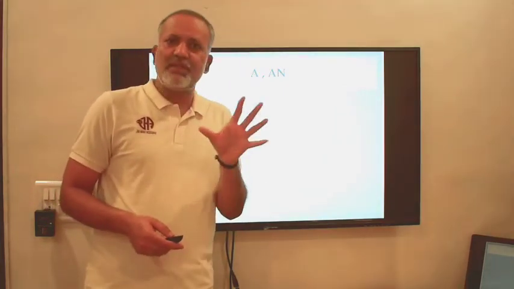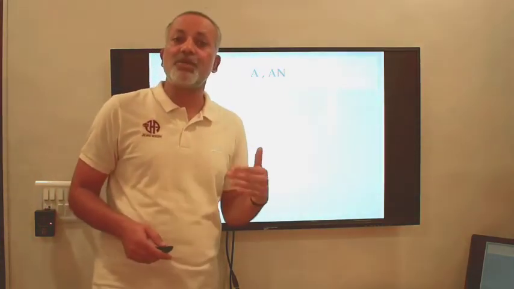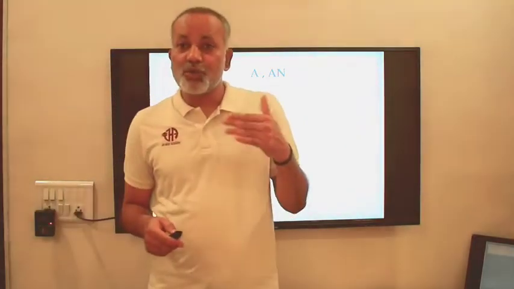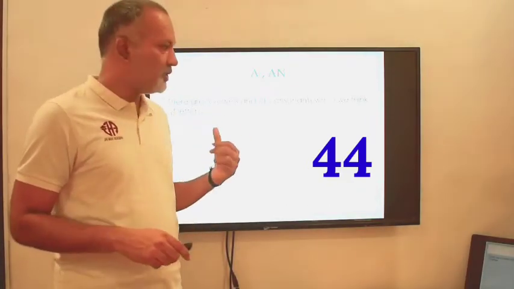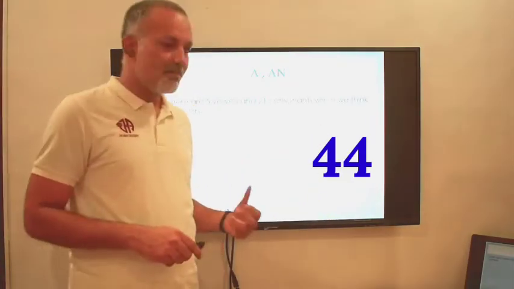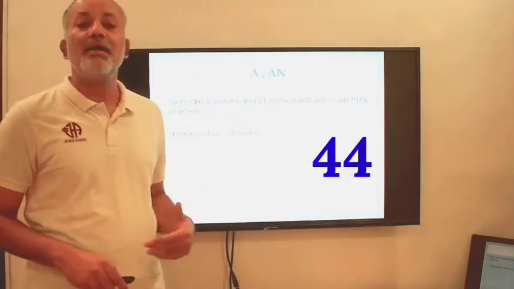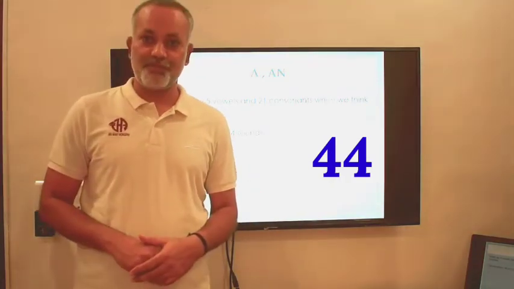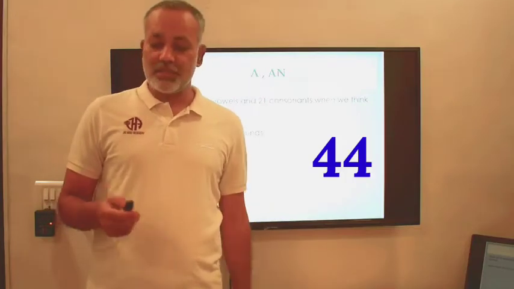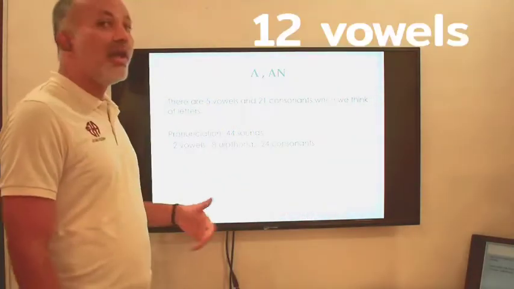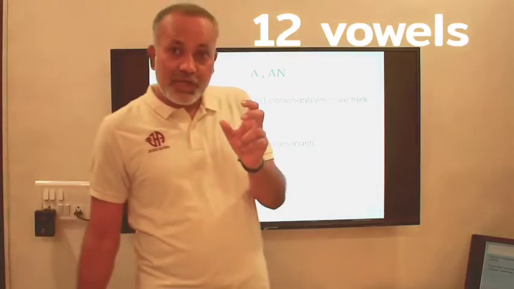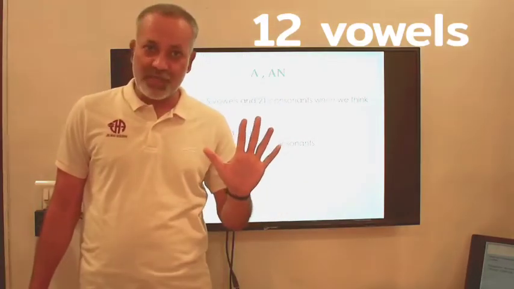So there are 26 letters in English, but actually when we talk about sounds, pronunciation, there are 44 sounds in English. ये writing का हो गया. जब हम spoken की बात करते हैं, there are 44 sounds. And in these 44 sounds, there are 12 vowels. Means when it comes to writing, only 5 vowels are there.